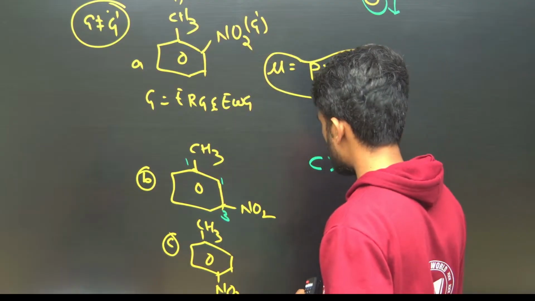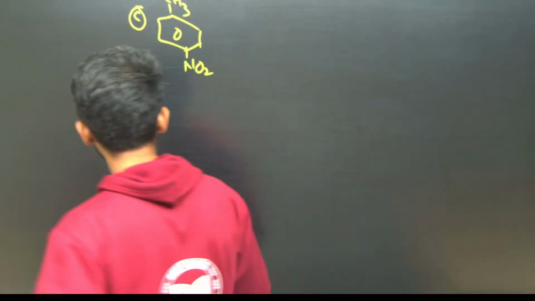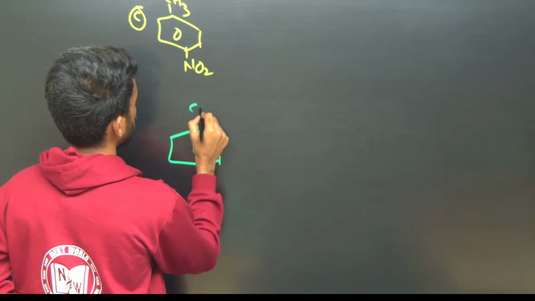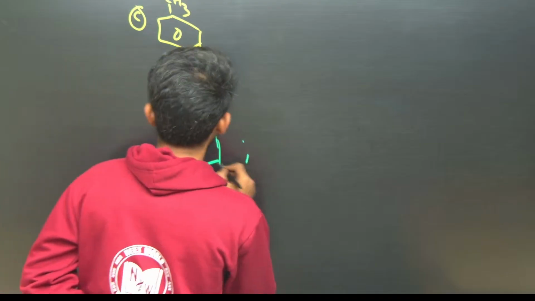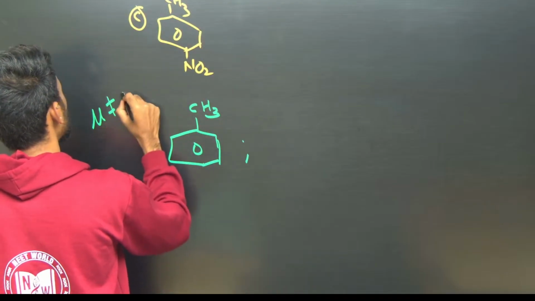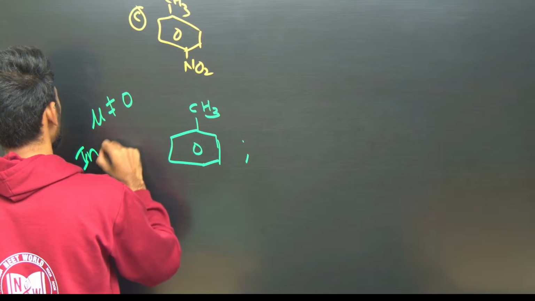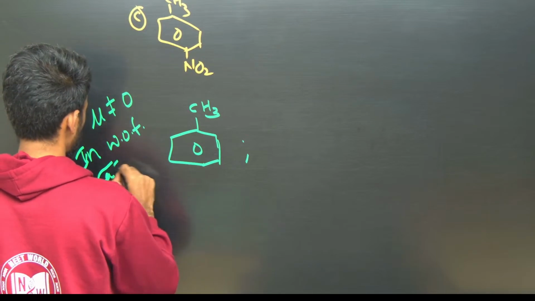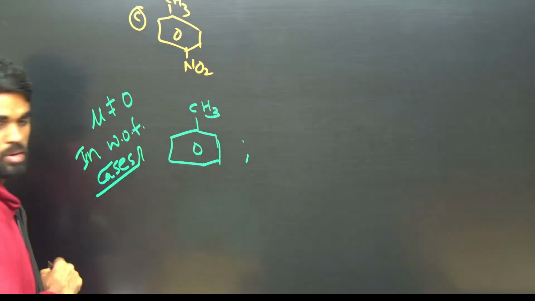Now look at this. I am writing here CH3. Mu not equal to 0 in which of the following cases? This is a question I am asking you.